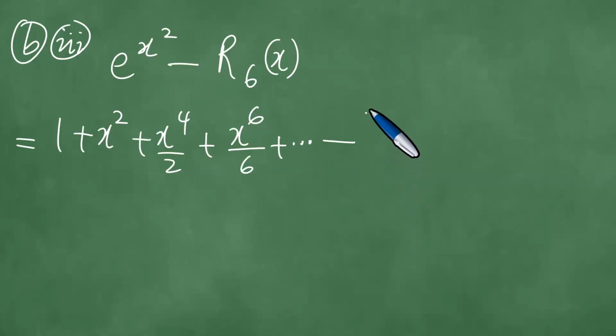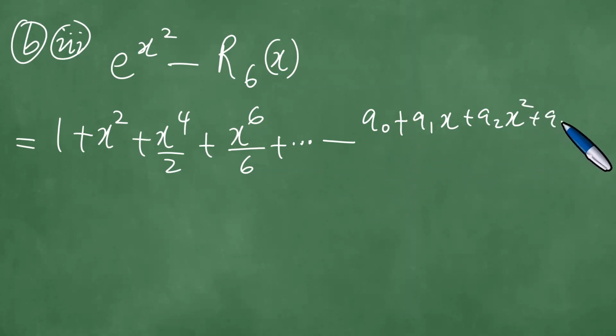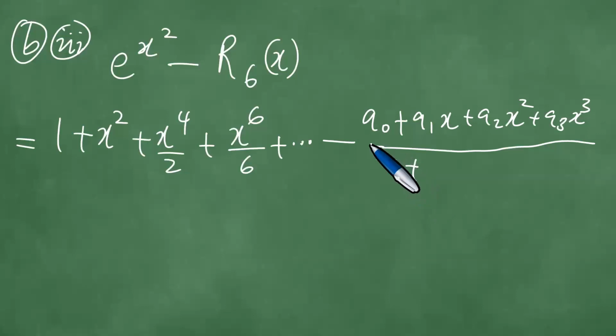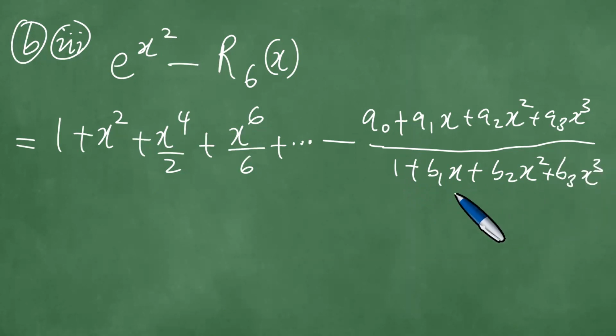It is a naught, a1x, a2x squared, a3x cubed. And then you remember here, always put a 1. But degree 3, so it is b1x, b2x squared. Degree 3, b3x cubed.